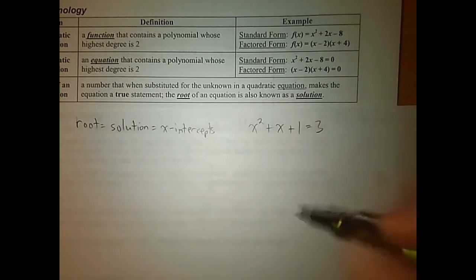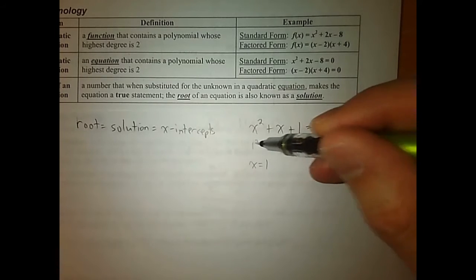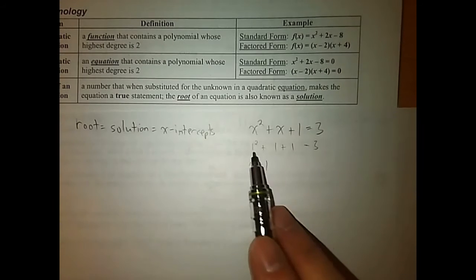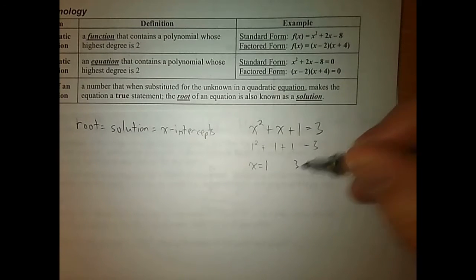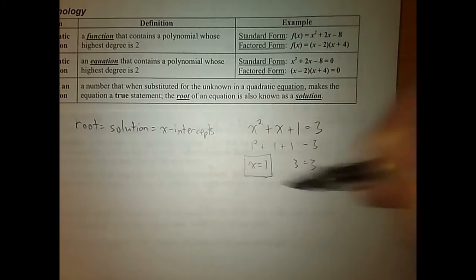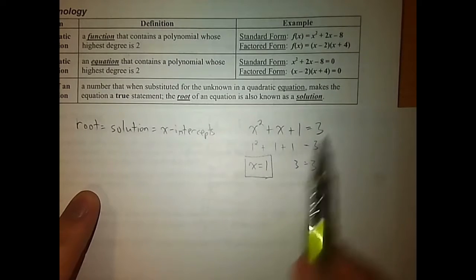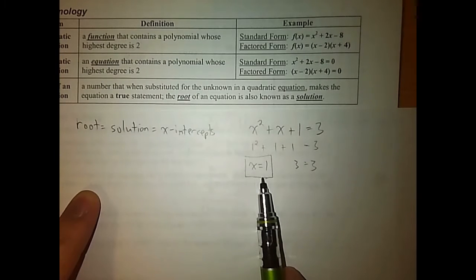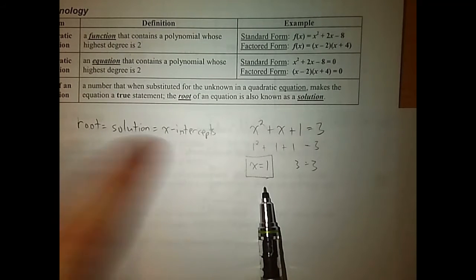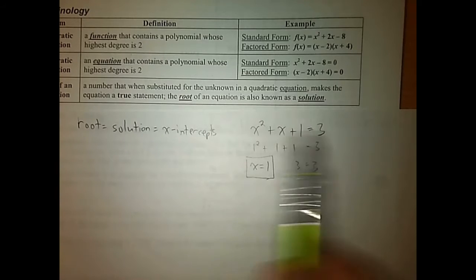Just by looking at it, if I put x equal to 1, well, 1 squared plus 1 plus 1, 1 squared is just 1, so I get 3 is equal to 3. So x equals 1 is the solution to this quadratic equation, because it makes this equation true, and it's also known as the root. And it's also, in this case, an x-intercept as well. So they all mean the same thing. And the solution just makes this true.